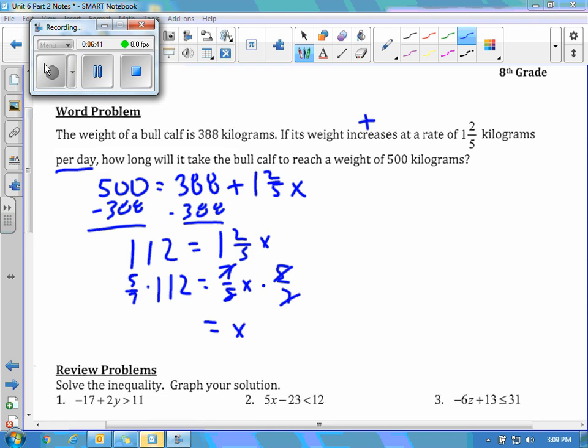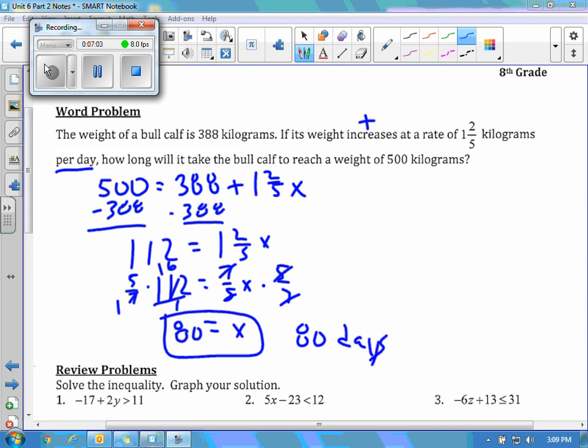On the left side, 7 divided by 7 is 1, 112 divided by 7 is 16. And then 5 times 16 is 80. So x equals 80. I know I need some sort of unit. It's asking for how many days. So my answer is 80 days for the bull calf to reach 500 kilograms. All right, that's it for part 2.